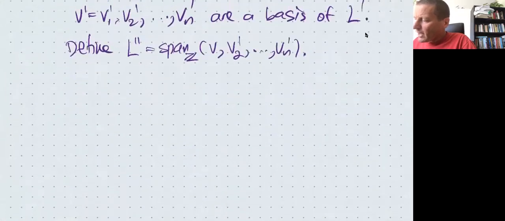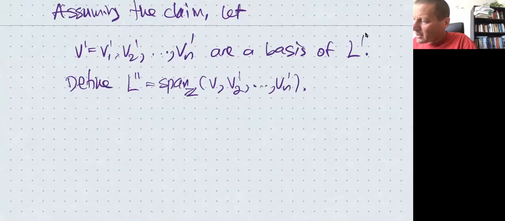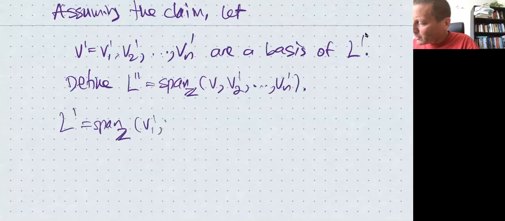So that means that L prime, which is the Z span of V1 prime, V2 prime, dot, is contained properly in L double prime.